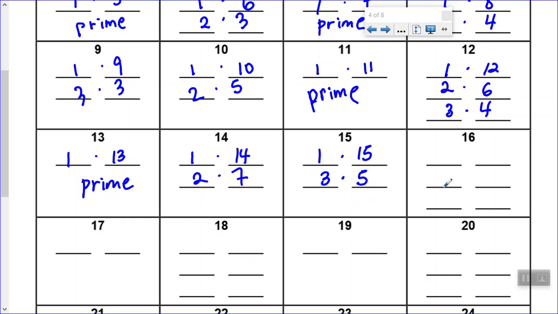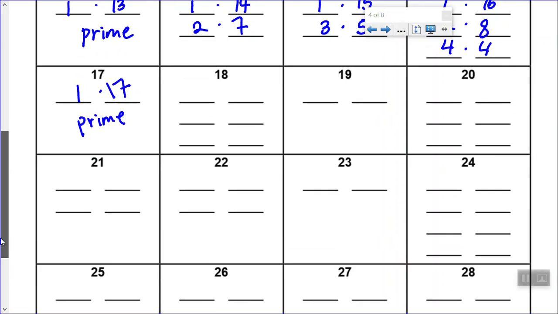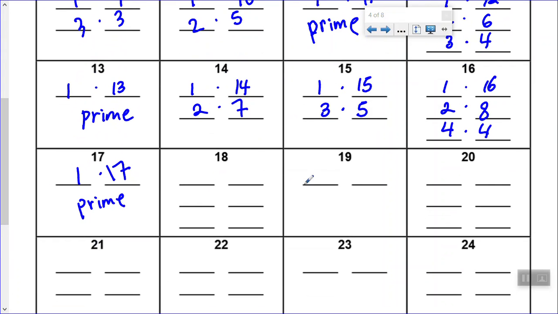Composite number. 16, 1 times 16. 2 times 8. 4 times 4. So you can fill out the factors table first and then use these when you find the GCF. So I'm just gonna finish this page, but you can finish the next pages and find factors.